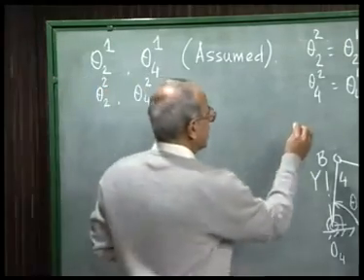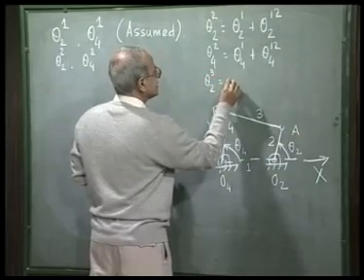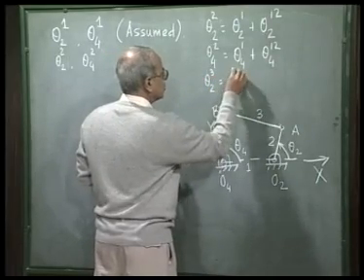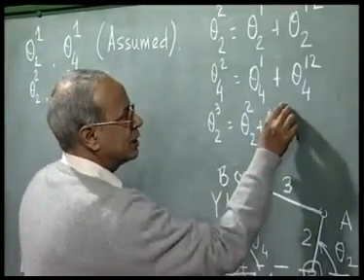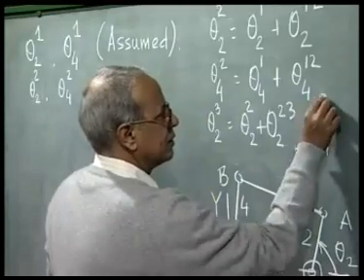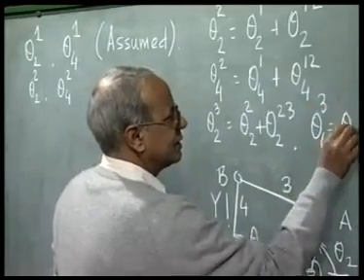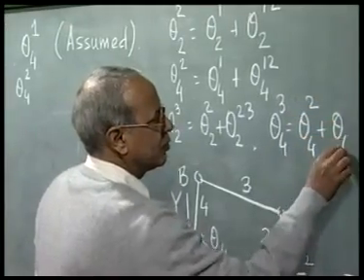Exactly the same way I can get theta 2 3, which is theta 2 2 plus theta 2 2 3, and theta 4 3 is theta 4 2 plus theta 4 2 3.